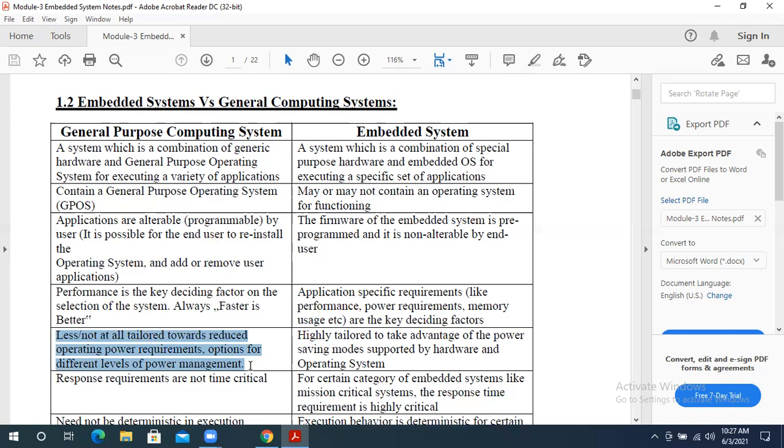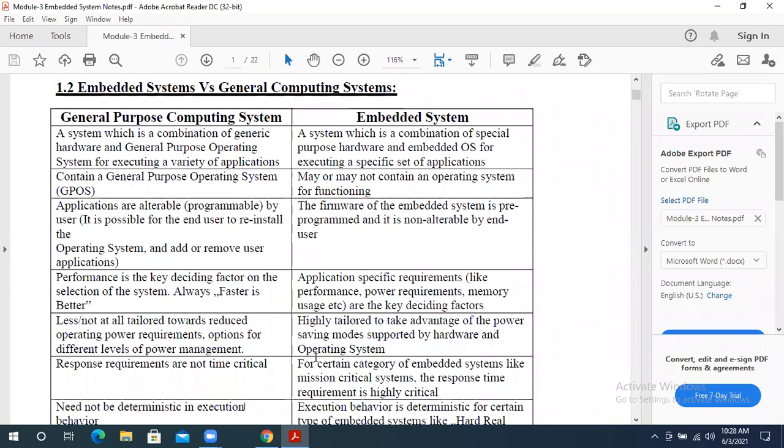In the embedded system it is maximum tailored, which means they do modifications. What does tailored mean? Tailor means if you give cloth, they stitch it into a shirt or pant. Tailored means we do some modifications. And they always think of saving power, in terms of hardware and also in terms of software.